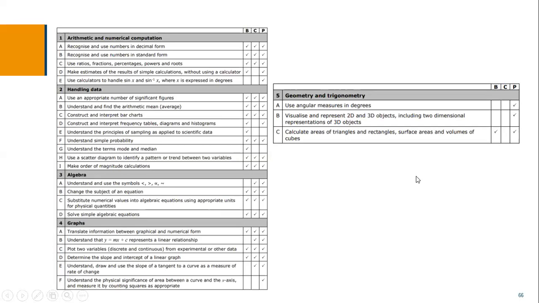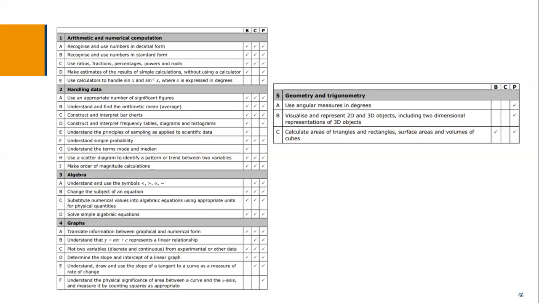So this is a list of all the math skills that they need to be aware of. The BCP is biology, chemistry, and physics. Most of the skills are common to all. Some of them are specific to biology.